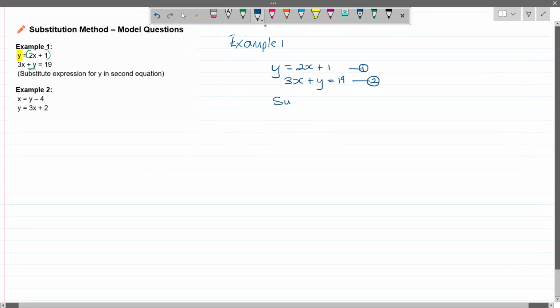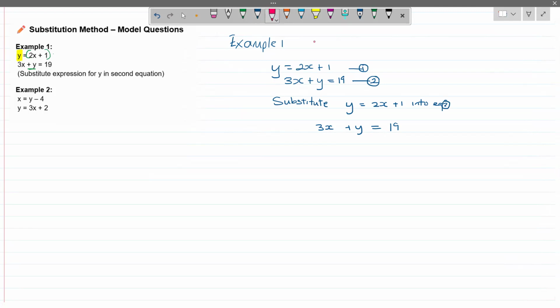I could substitute y is equal to 2x plus 1, just like how you're substituting numbers. So check this out. Substituting into equation 2, wherever y is, I'm going to replace it with this 2x plus 1.